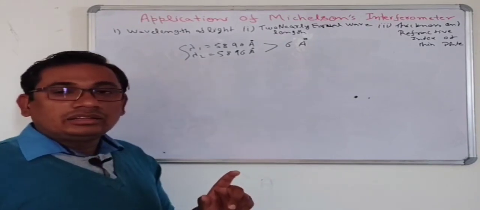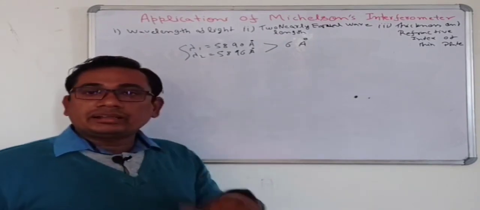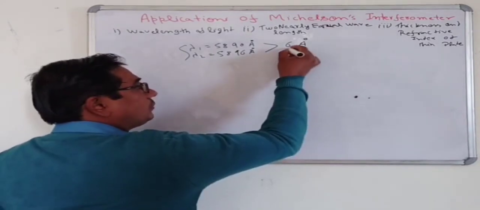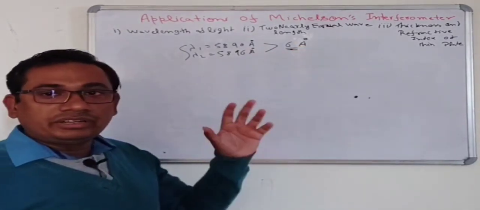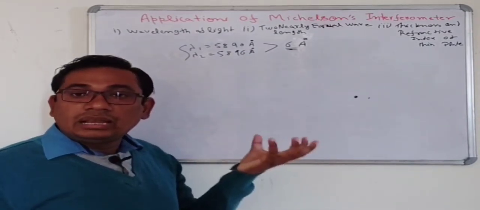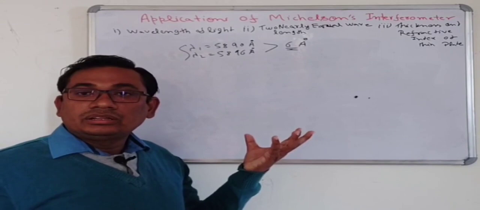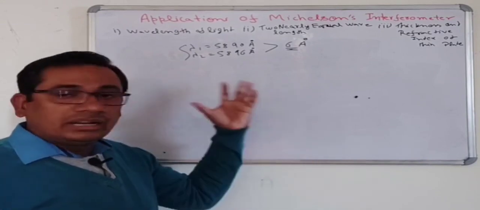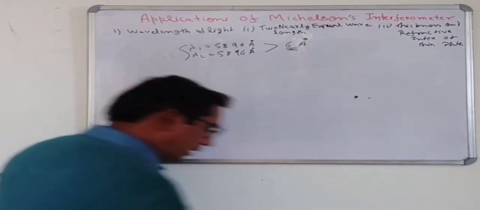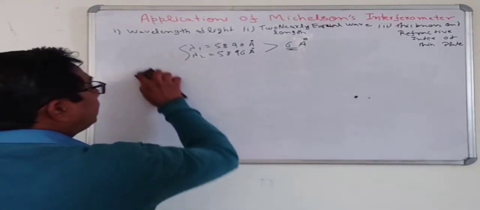It means that with the help of the Michelson interferometer, we can measure this difference. You know what the sensitivity is? We have measured 6 angstrom with the help of the Michelson interferometer. How can you measure it? I am explaining here like that.